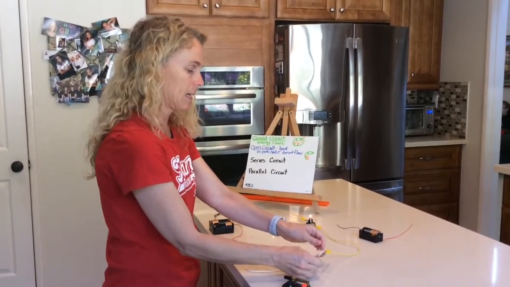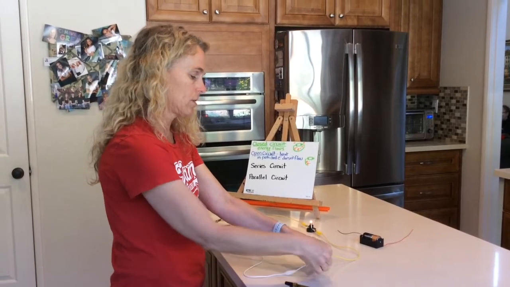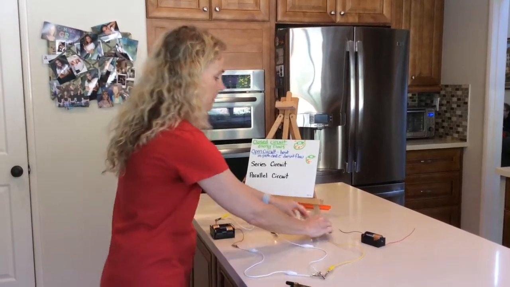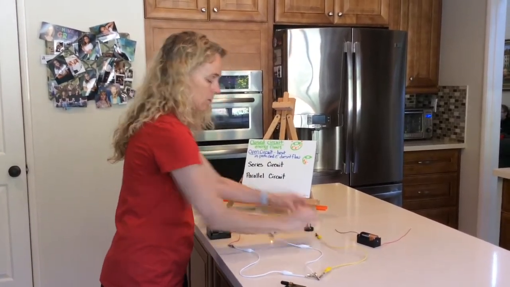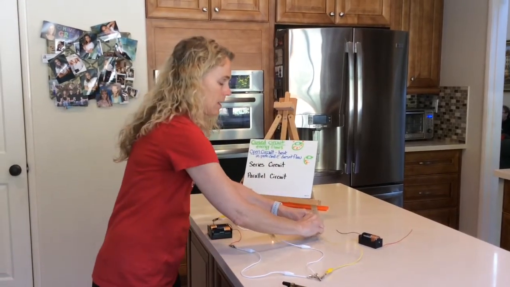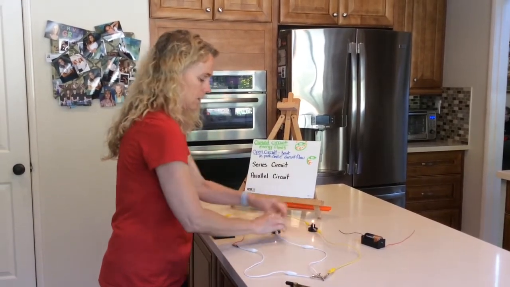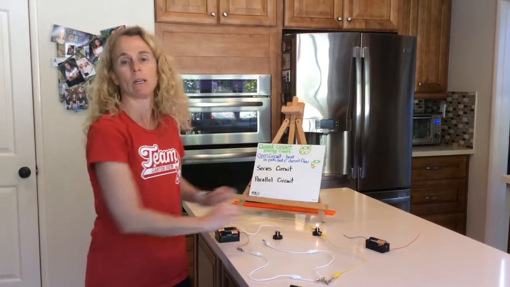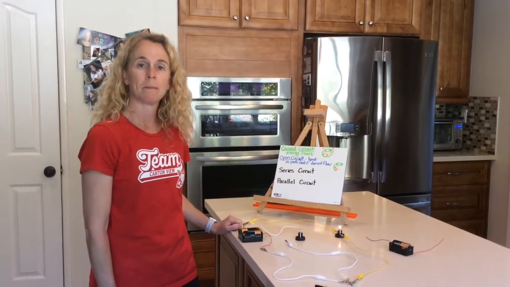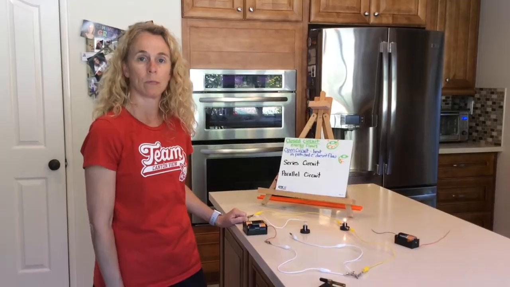And sometimes I want to just turn on one light bulb. So if I want to keep that one on, I'll turn that one off, okay? Or I can turn this one off and keep that one on, depending on which room I'm in. So parallel circuits are really important.